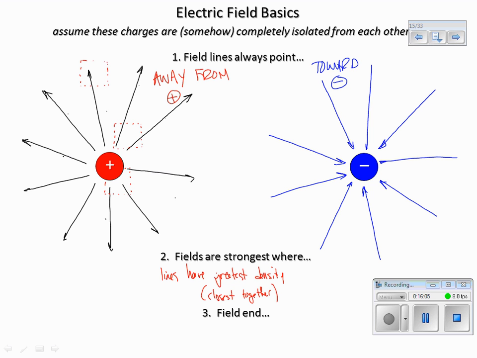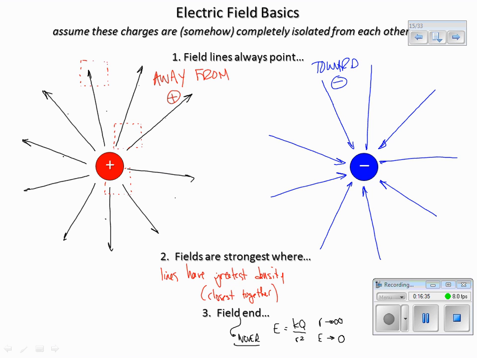Now, how far out do these fields go? Well, I should just add a word: fields never end. If we look at E equals KQ over R squared, as R approaches infinity, E approaches 0.